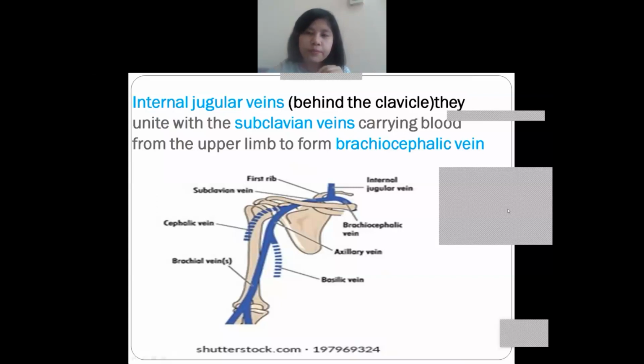Okay, next question goes to Rudolph. Yes, Rudolph. Can you tell me, the left and the right brachiocephalic vein, they will unite together to form what?